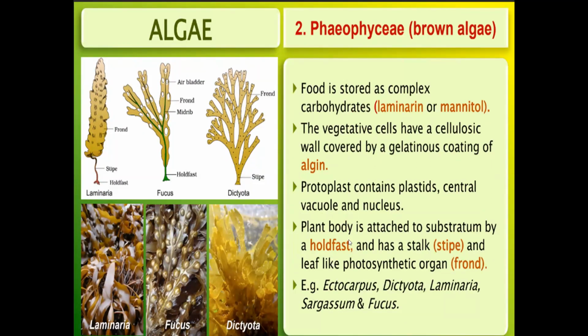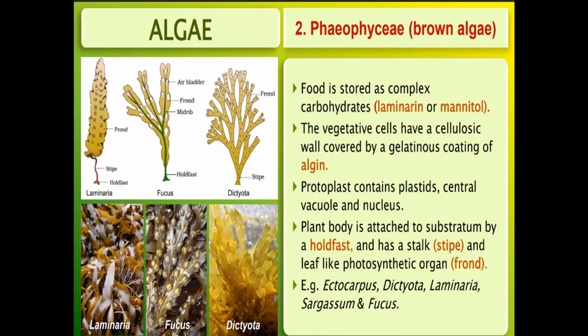Now, protoplasts contain plastid, central vacuole, and nucleus. They will have a vacuole. What is the function of the vacuole? To store food. In the previous algae, Chlorophyceae, what was the storage organ called?